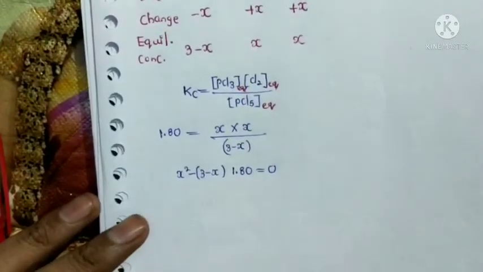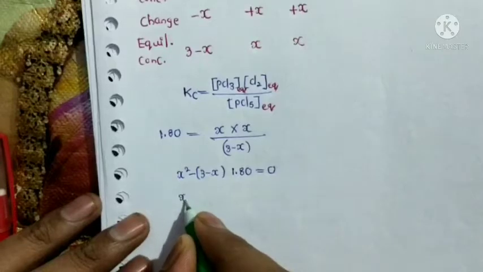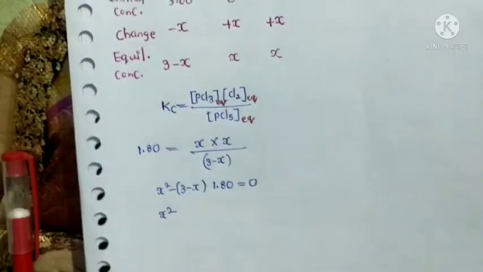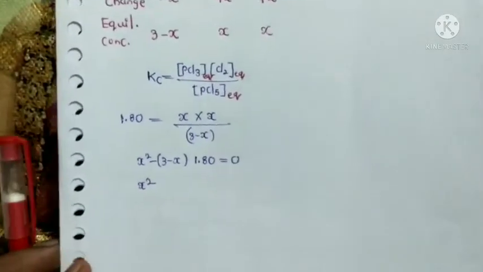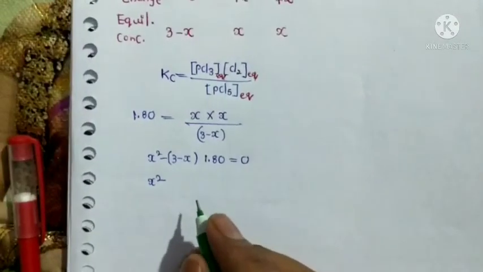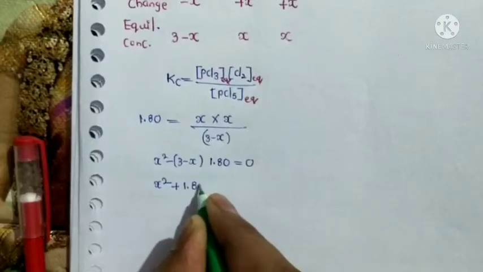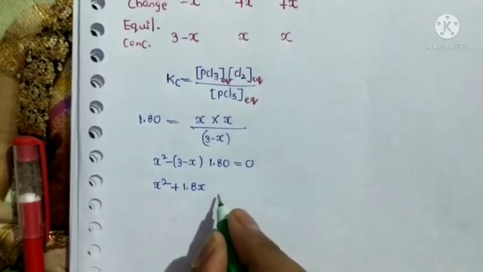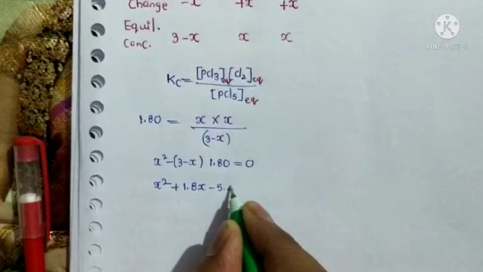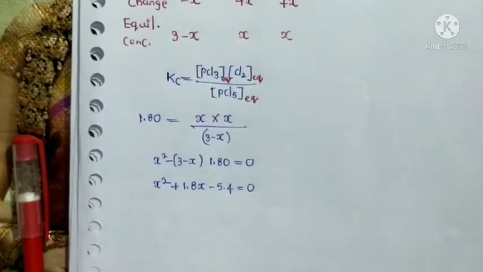From this equation we get X square plus 1.8X minus 5.4 equal to 0.